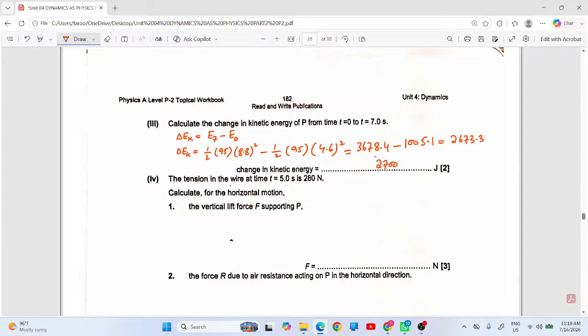Next is the tension in the wire at time equal to 5 seconds.